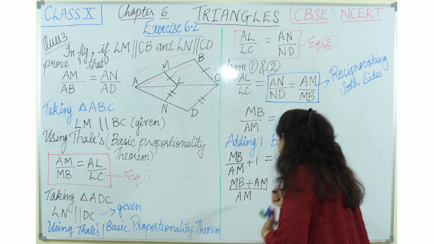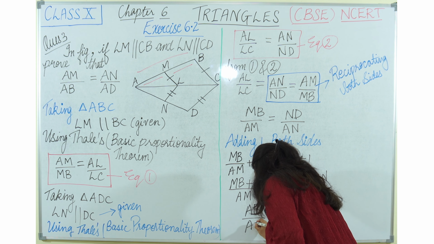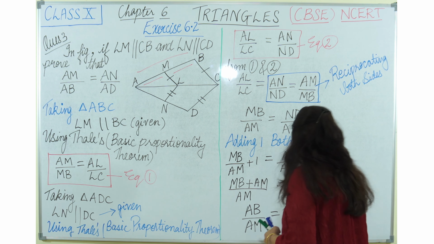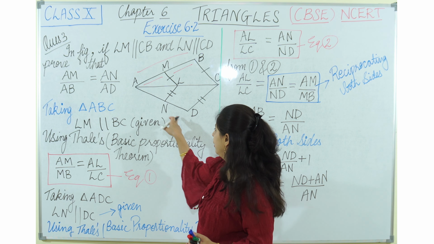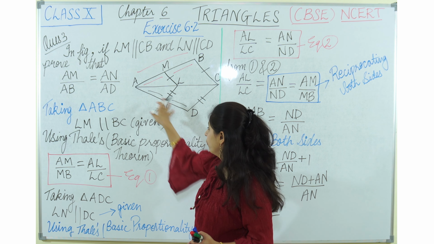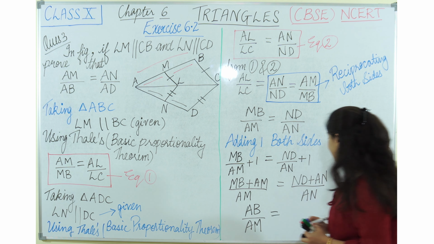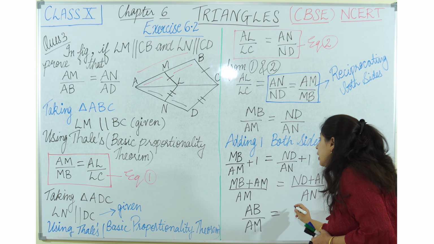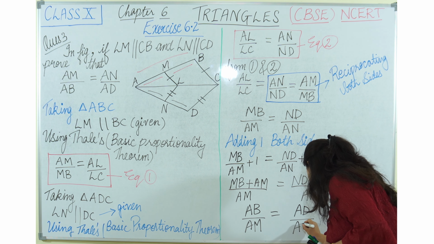So it is AB upon AM equal to ND plus AN upon AN. When ND and AN are combined, it is equal to AD. So it will be AD upon AN.